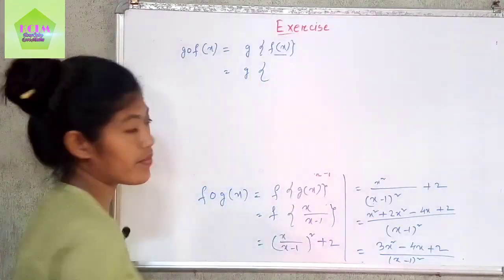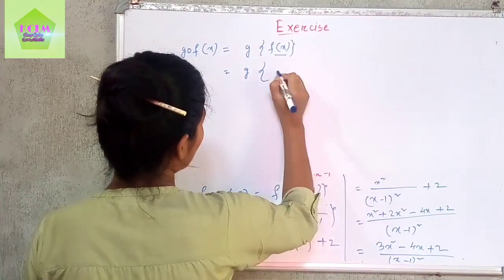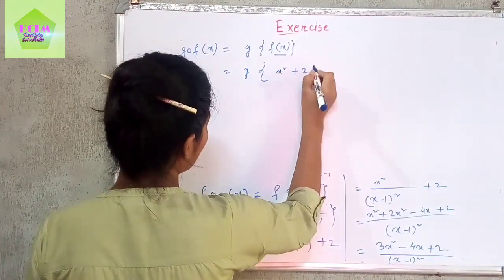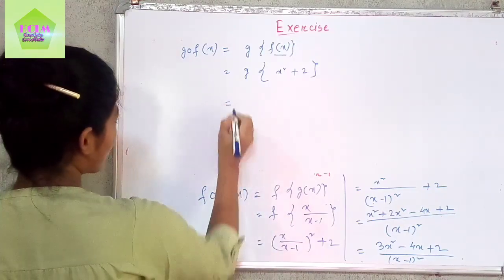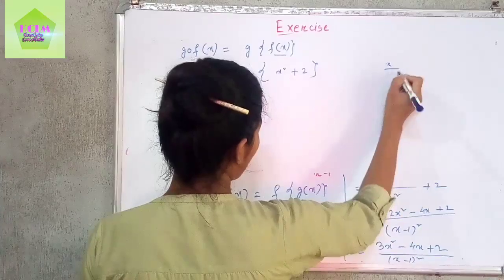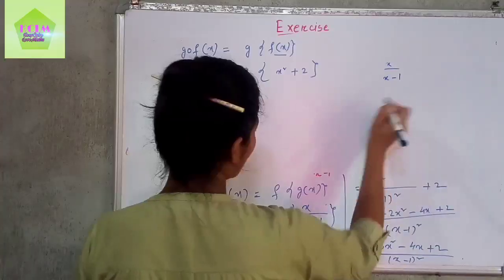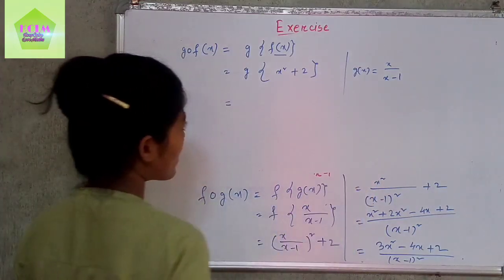Since we have f of x equal x square plus 2, now again g of any element, it was x by x minus 1. We have g of x equal x by x minus 1.